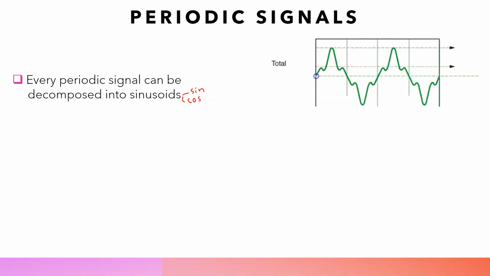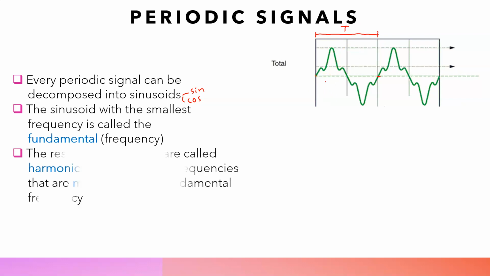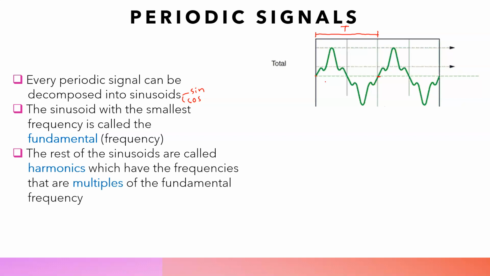It starts from here and then goes here, and at here it will repeat the same pattern. From here to here, you have the fundamental period. The sinusoid with the smallest frequency is called the fundamental frequency, and the rest of the sinusoids are called harmonics, which have frequencies that are multiples of the fundamental frequency.